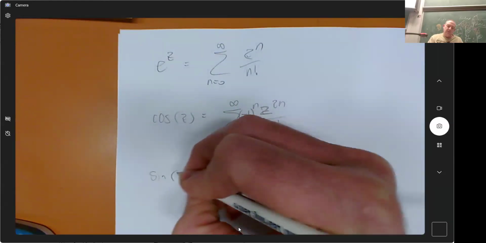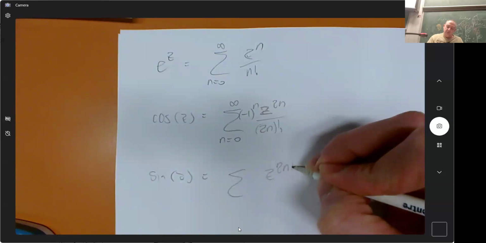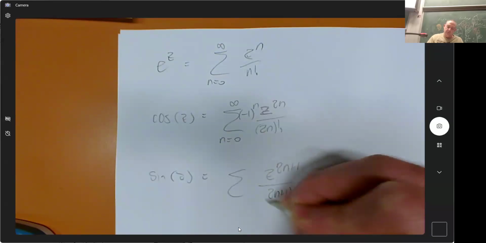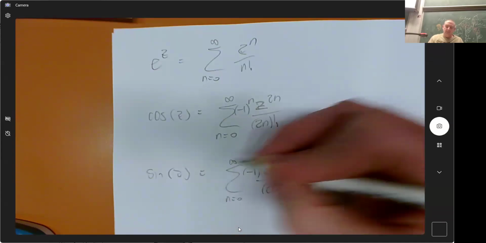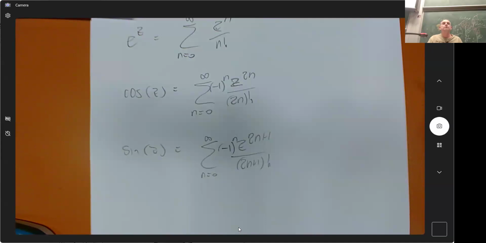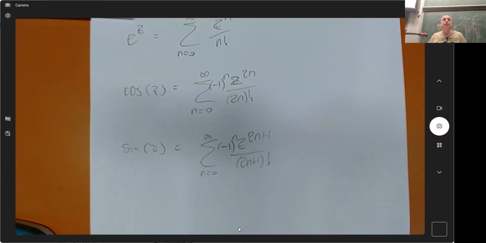And sine of z, which is the odd ones of e to the z, and they also alternate between plus and minus, with the first one being positive. Just so you know, cosh is the same as cos, but without the -1 to the n, and sinh is the same as sine, but without the -1 to the n.